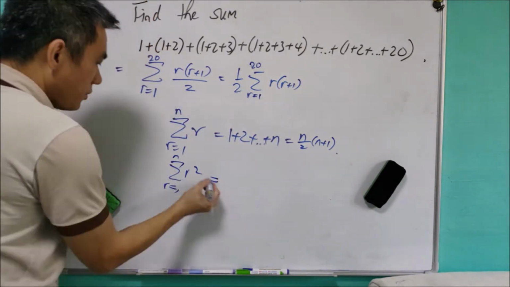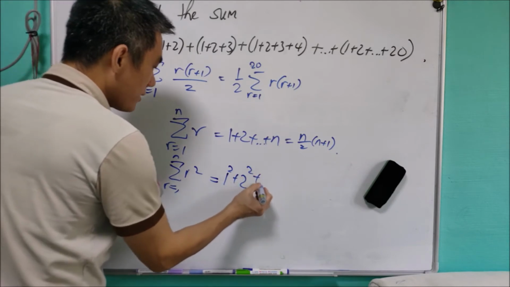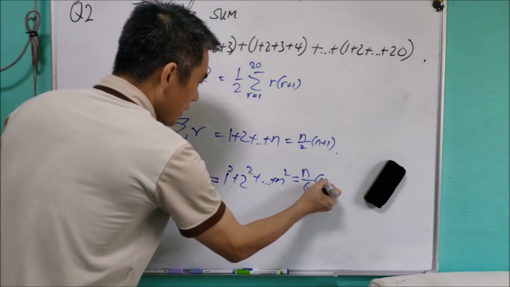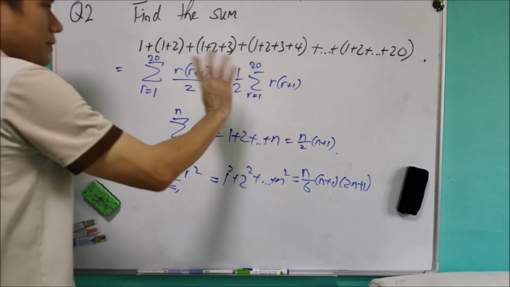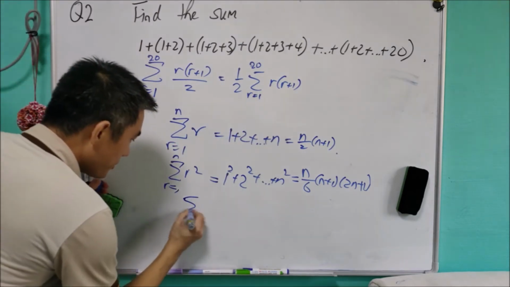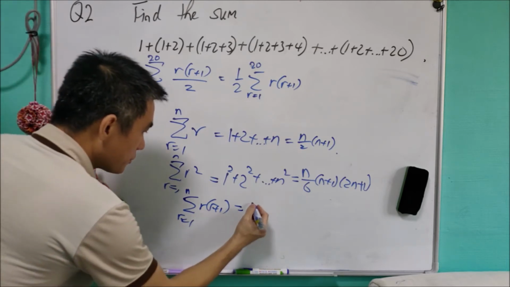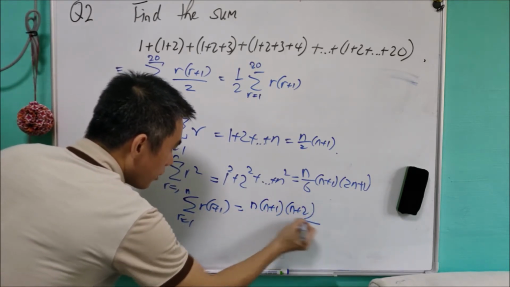If we separate it, we will need to use this again: 1 square, 2 square, up to n square, and this is given by n over 6, n plus 1, 2n plus 1. But now, we can actually get this directly. We can actually get the summation of r plus 1 from r equals 1 to n is equal to n plus 1, n plus 2 over 3.